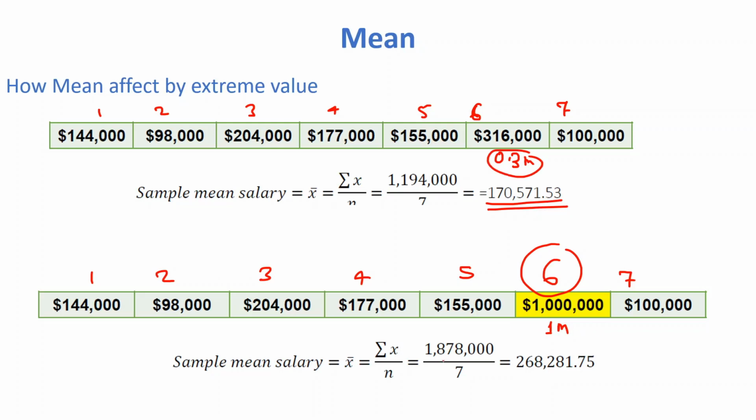So you can see that the mean is now approximately 268,000. Earlier it was 170. It increased from 170 to approximately 268. So there is a large increment.